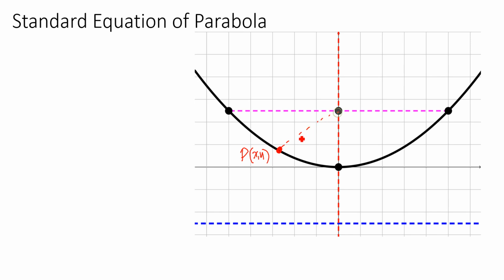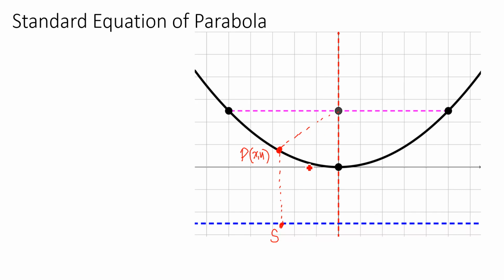If we make a perpendicular line here, let's say that is point S. Take note that these two lines are congruent with each other by definition of the parabola.